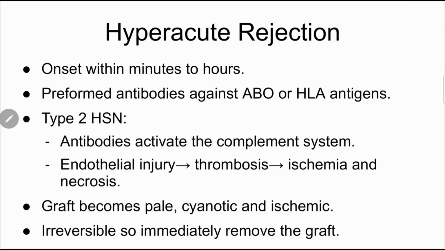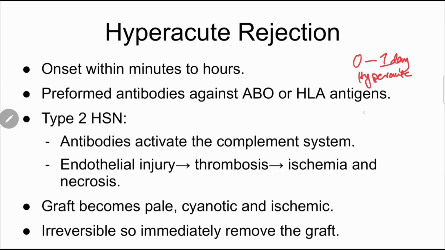Now for rejections, there are three types. The first one is hyperacute, the second one is acute, and the third one is chronic. The main way that I found easy to differentiate between the three of them is the timeline. If it starts from 0 up until 1 day, this is going to be hyperacute.